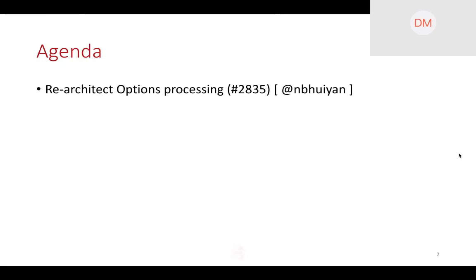So what's your current plan of attack here? How are we going to move forward with this? The first step that I'm working on right now is refactoring the entire code around options.